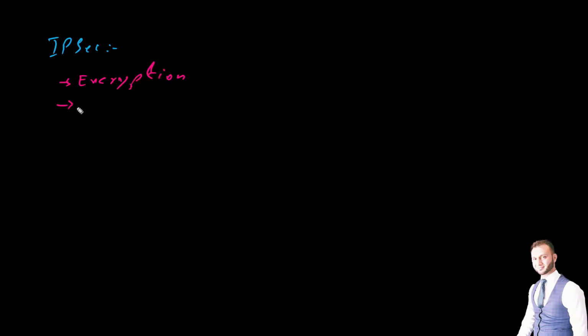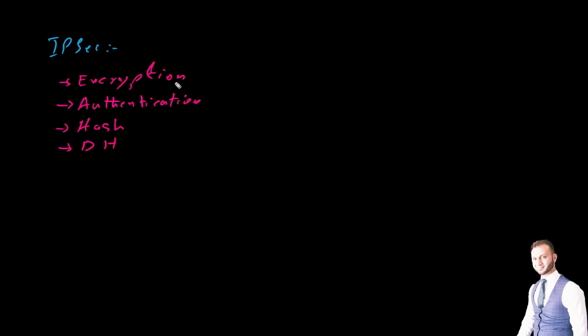Second one is authentication. Next we have hashing, and next we have the Diffie-Hellman, and then we have a lifetime and other details for the key.